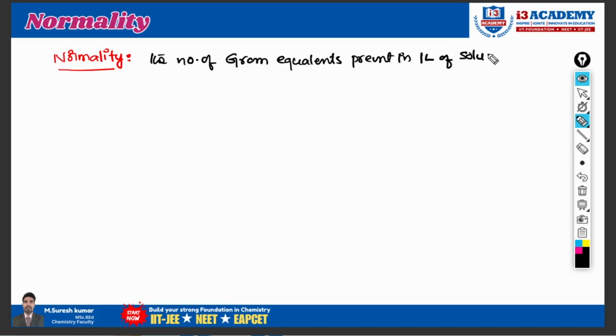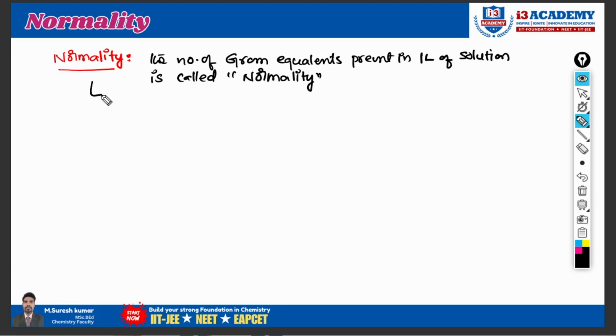The number of gram equivalents present in 1 liter of solution is called normality. This is a simple definition.